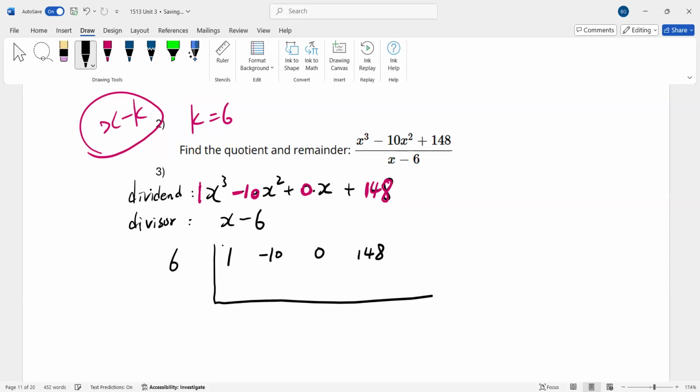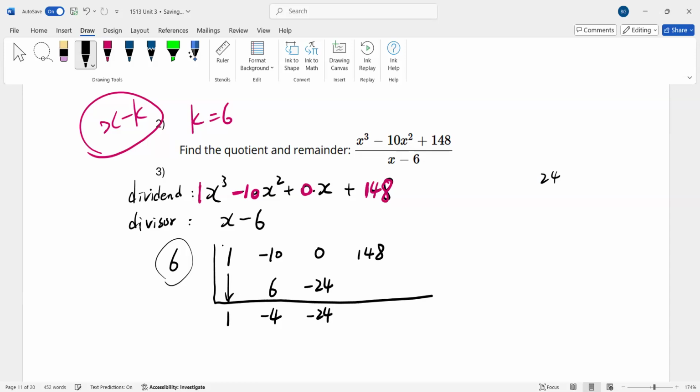Okay, start the synthetic very quick. Bring down 1. 1 times 6, 6. Negative 10 plus 6, negative 4. Negative 4 times 6, negative 24. 0 plus negative 24, negative 24. And then negative 24 times 6.